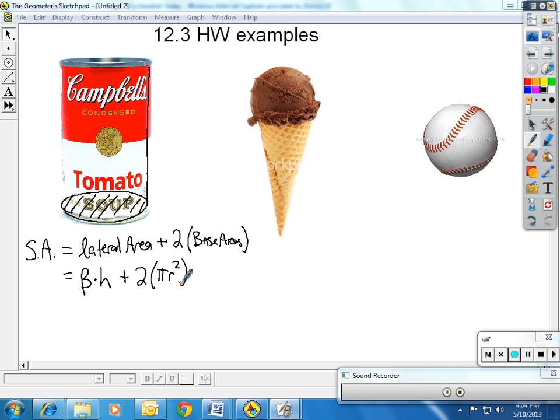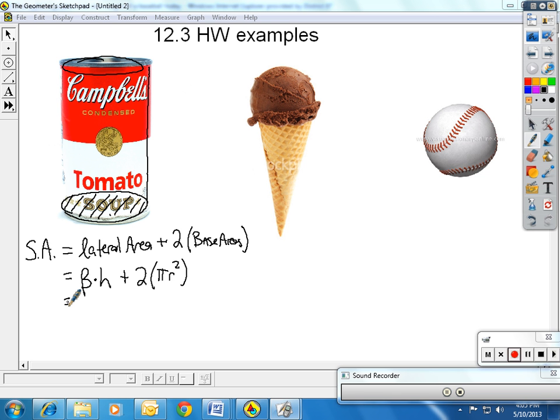And that's because in a tin can, not only is the lateral surface area tin, but also each base, the bottom and the top, is also a tin. So we're going to have twice the area of the base there. I don't think I need to do an example of this.